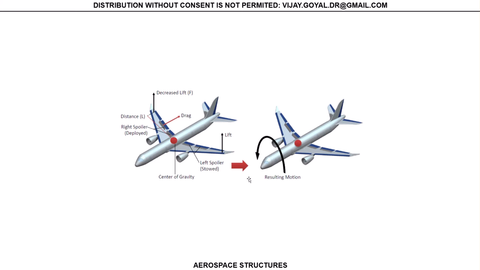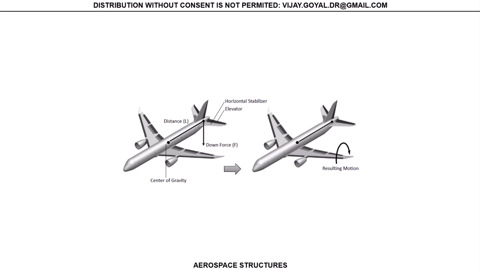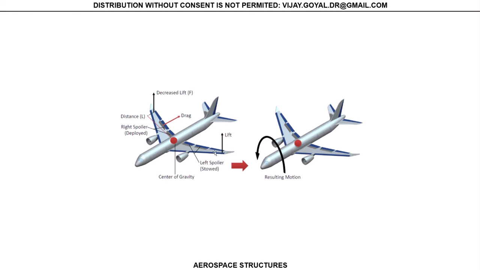I'm sorry, that was a pitching moment, and this was a yaw moment. This is a rolling moment, and the rolling moment is created by having one aileron up and one aileron down, to create increased drag and decreased drag, and that will create the rolling motion.